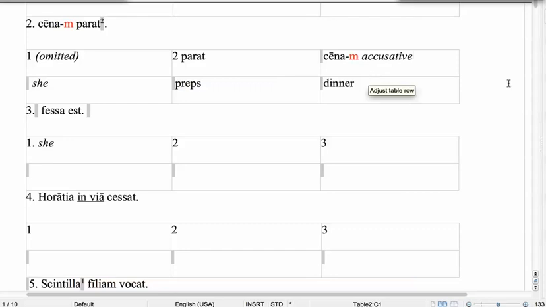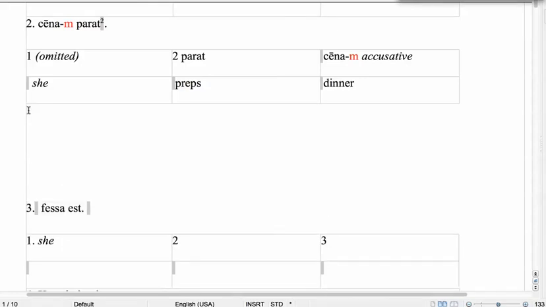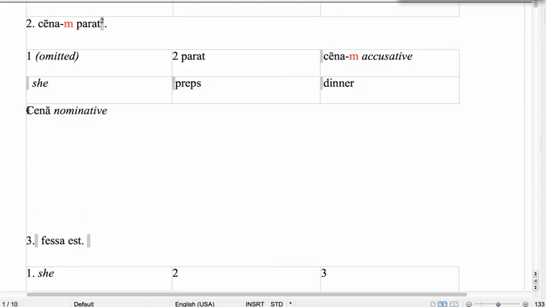Okay. There are 5 cases in Latin, that is, there are 5 changes that a noun form takes. The ones you know now are cena with a short a. We call that nominative. There's canam with an m following an a.